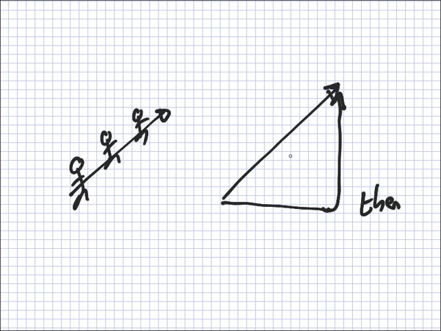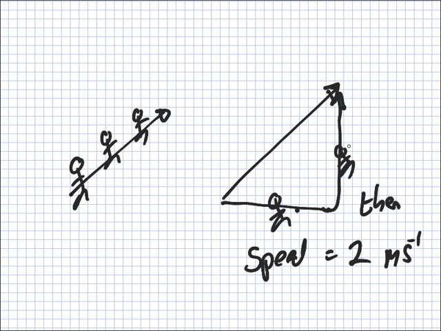You add them. Well, not for this one. Here, the speed is 2 meters per second, if he goes here and then here, and this is 1 meter and 1 meter.